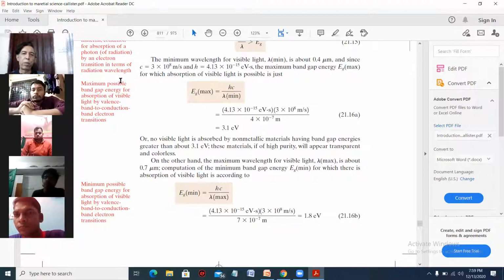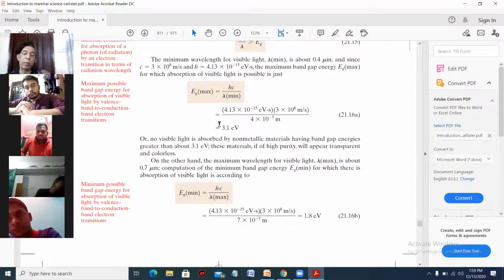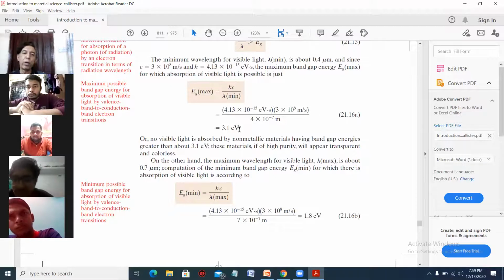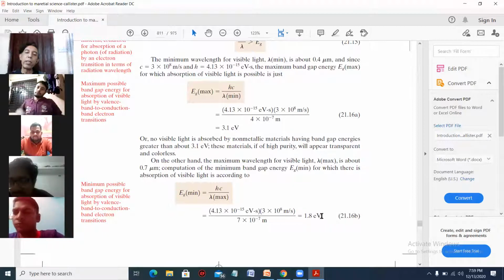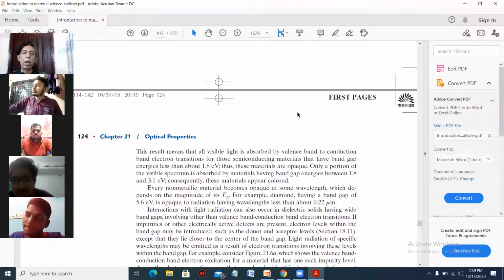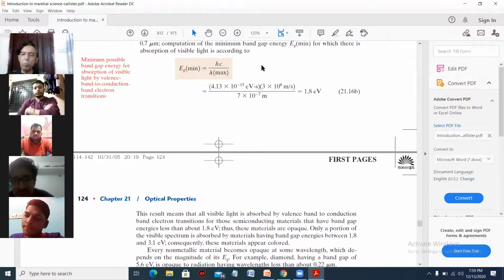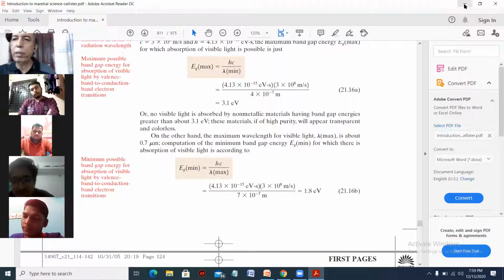So the maximum energy of visible light is 3.1 electron volt, and the minimum energy of visible light is 1.8 electron volt. Here it is calculated. You can see here. Now, what will happen? We can come here again.